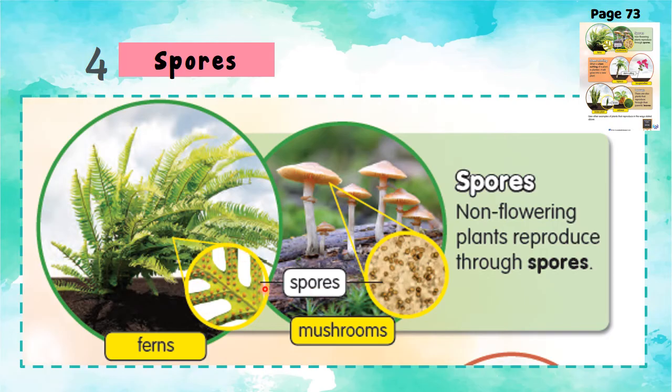Spores are tiny little dust that we cannot see through naked eye. Some of the plants have spores, for example, mushroom and ferns, cendawan dan paku pakis.